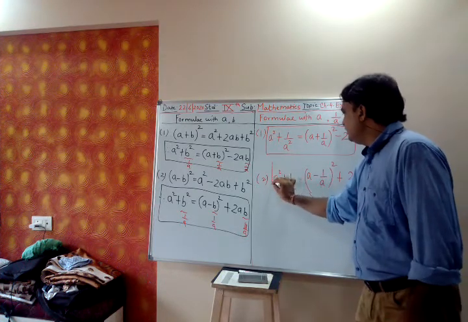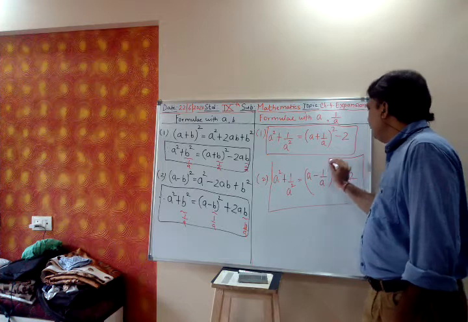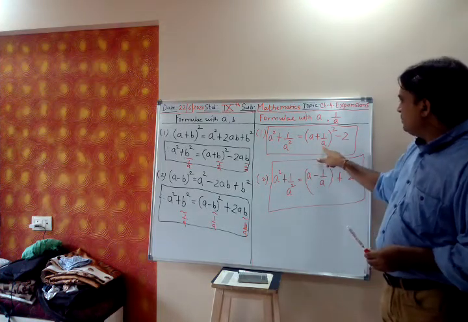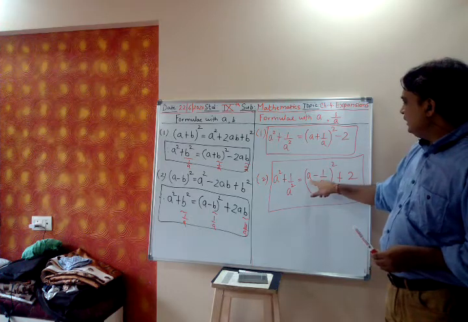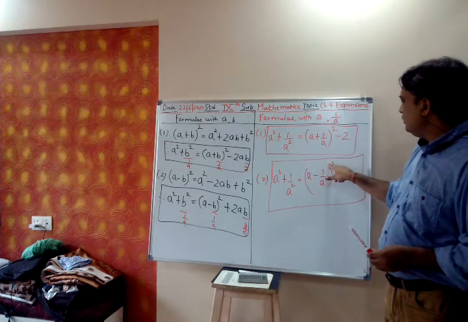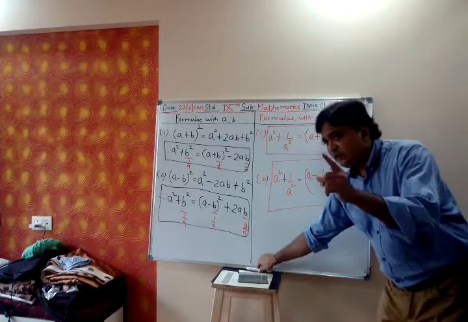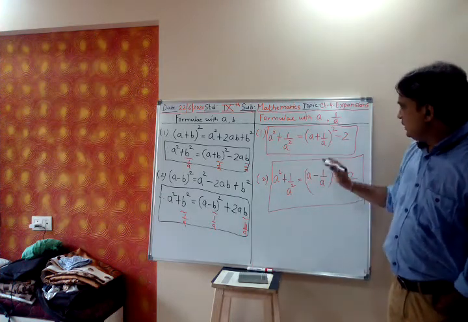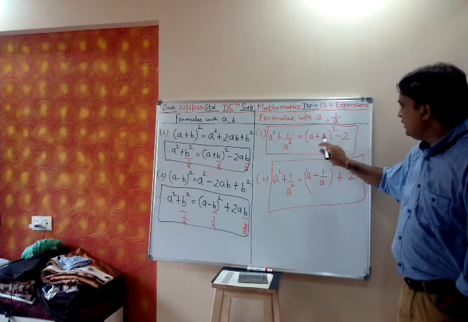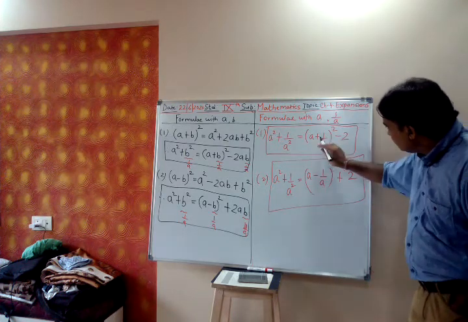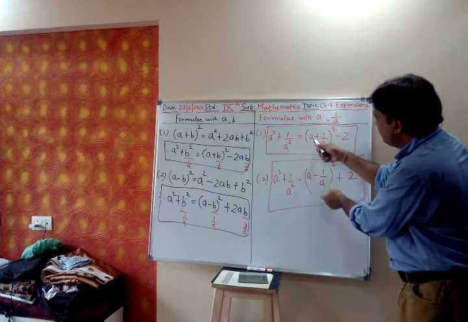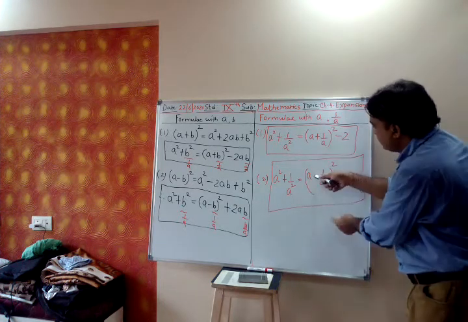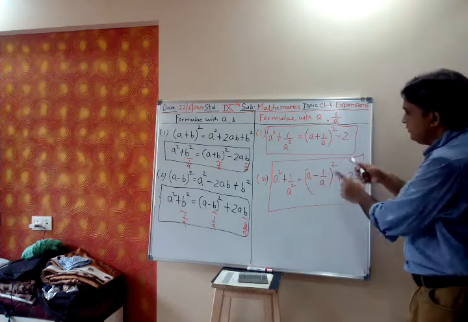So there are two formulas: a plus 1 upon a whole square minus 2, and a minus 1 upon a whole square plus 2. What you have to remember for a square plus 1 upon a square: when it is a plus 1 upon a, there it is a minus sign. When inside the bracket there is a plus sign, outside we have a minus sign. When inside the bracket there is a minus sign, outside we have a plus sign. Is it clear?